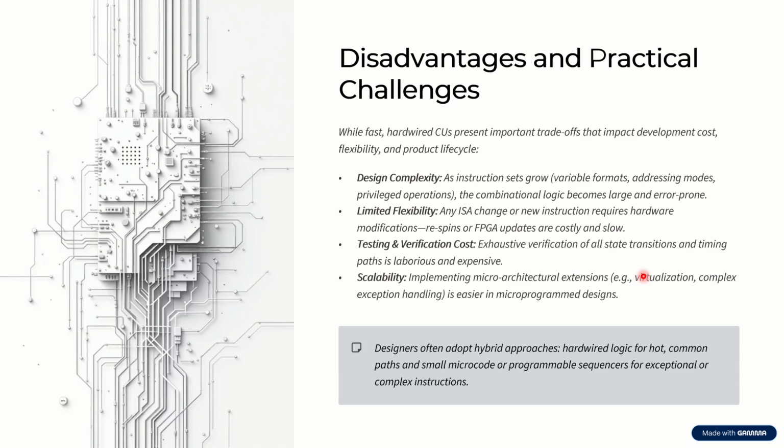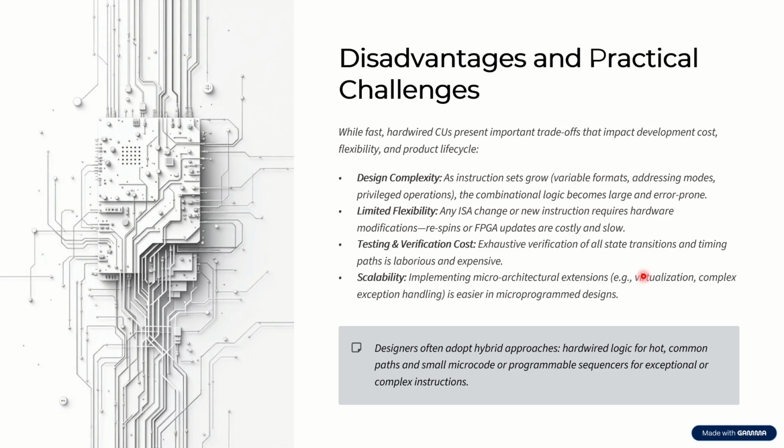The disadvantages and practical challenges of the hardwired control unit. While fast, the hardwired control unit presents important trade-offs that impact development cost, flexibility, and product life cycle. The first problem is design complexity.